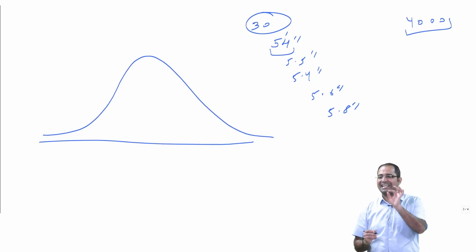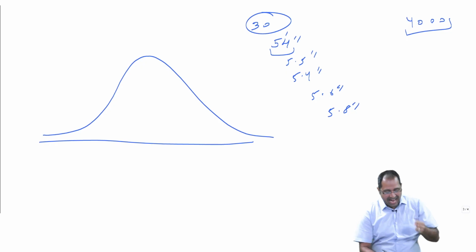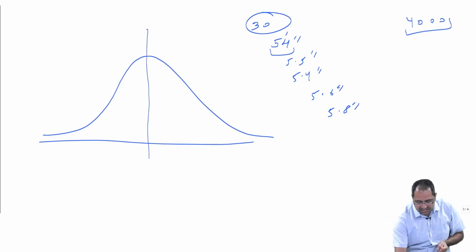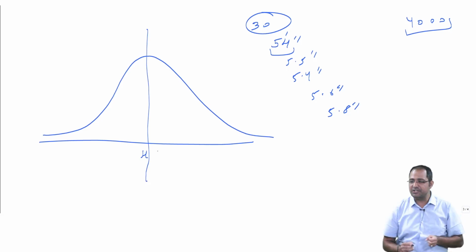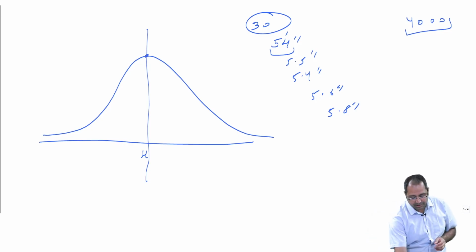Which means for each sample of size 30, if I calculate the mean, for most of the samples the mean would be around the population mean, which is called mu. Most of the samples would be here, their mean would be, so this is the frequency.